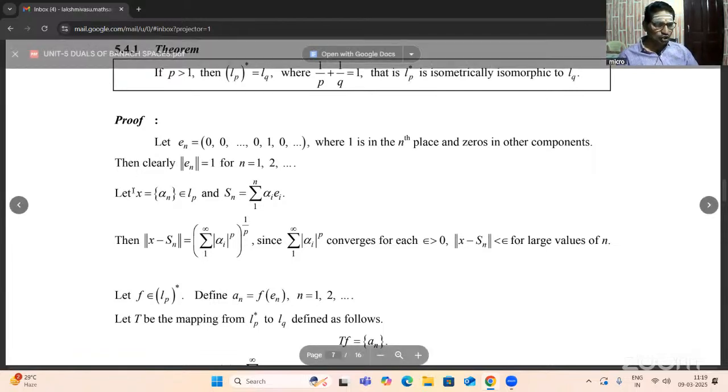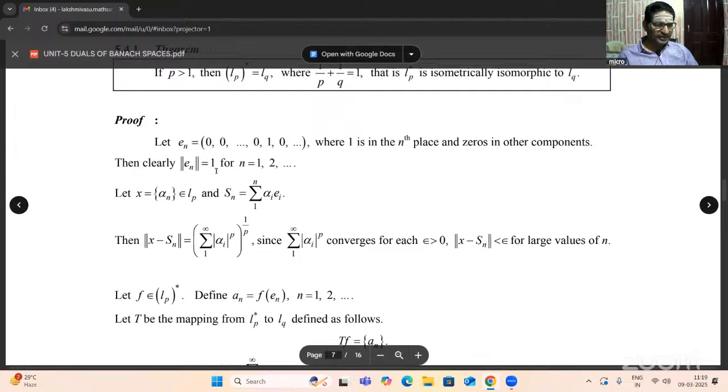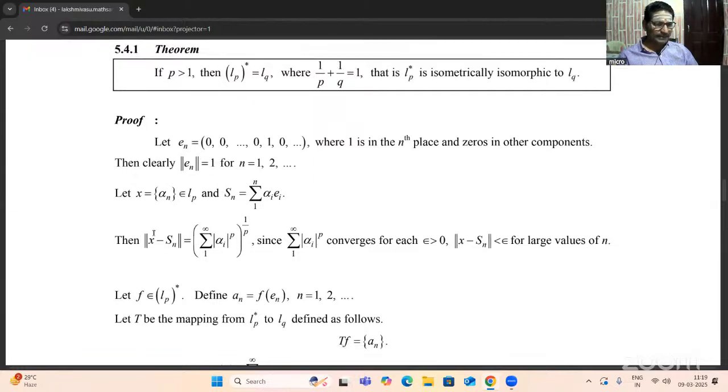To express the norm relation between x and Sn: norm of x minus Sn equals the summation from 1 to infinity of mod alpha i whole power p, whole power 1 by p. This value converges, so for each epsilon greater than 0, the norm of x minus Sn is less than epsilon.